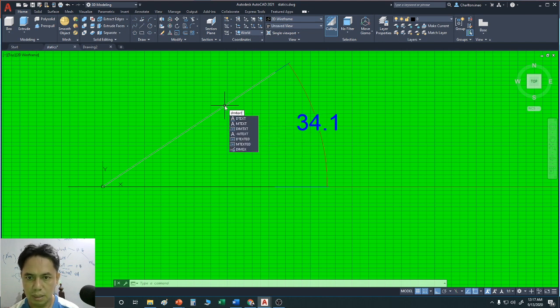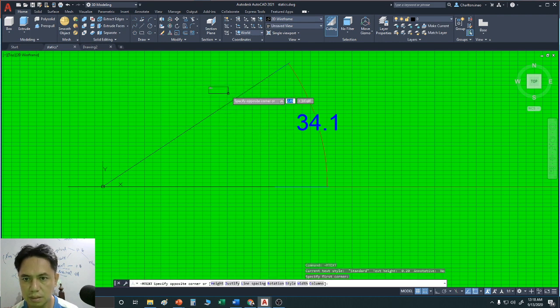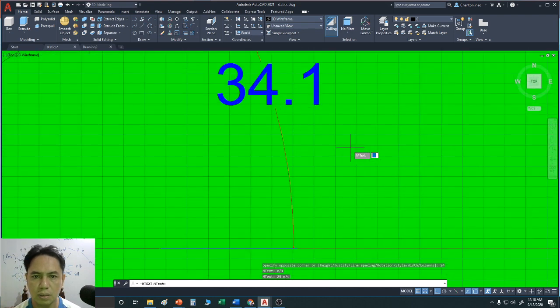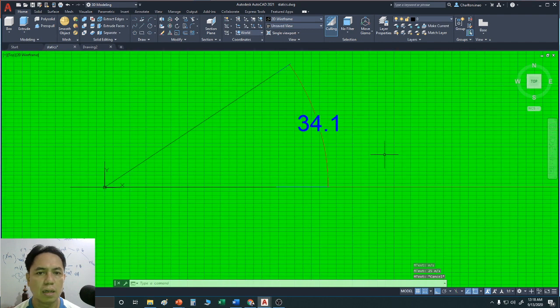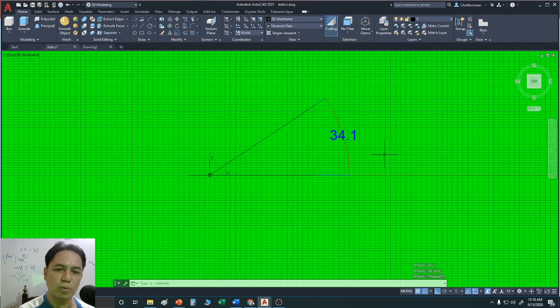What is that velocity? 25 meters per second, right? I cannot find it. Anyway, there's the 34.1 here.